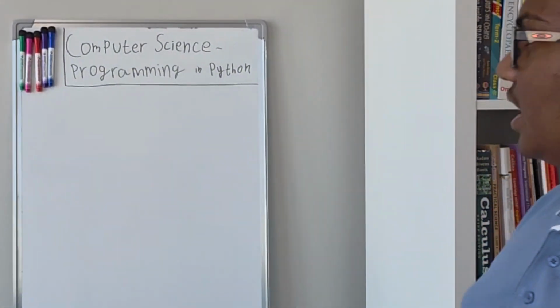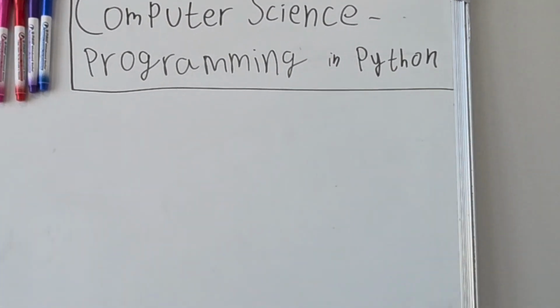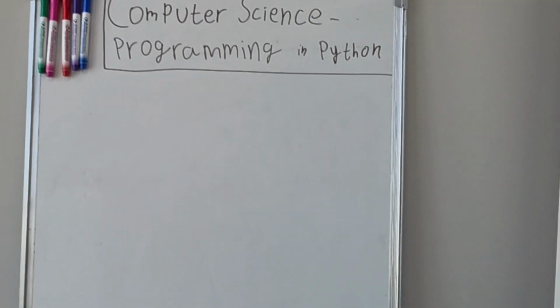Today we are going to be doing the topic of computer science, programming in Python. Python, as it's called, based on its logo, which is a symbol of two snakes, one yellow, one blue, is one of the simplest programming languages out there and one of the most readable.